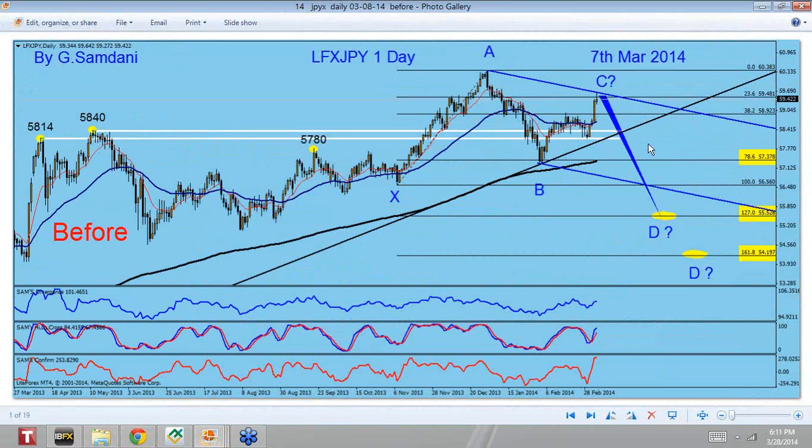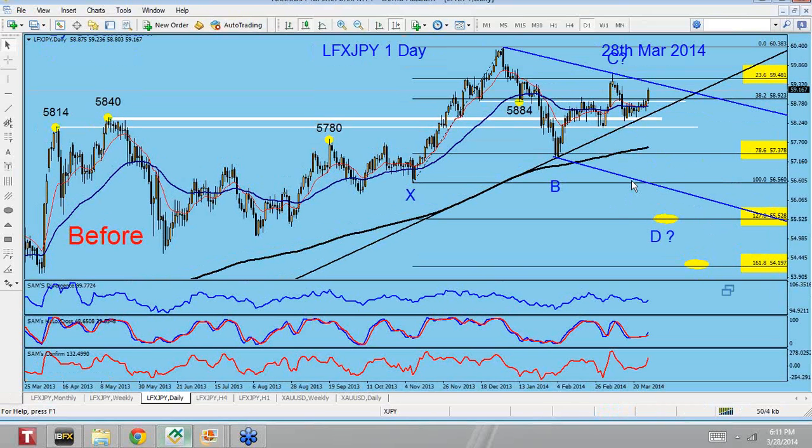Now this C to D leg is an ABC correction. The C leg in Elliott wave can have 5 waves in it, which will unfold like wave 1, 2, and then 3, 4, and 5. So it can come down in this fashion. If it is coming down in this fashion, then this could be wave 1 and then wave 2. Again, hit the TL, and then wave 3, 4, 5 to the downside.